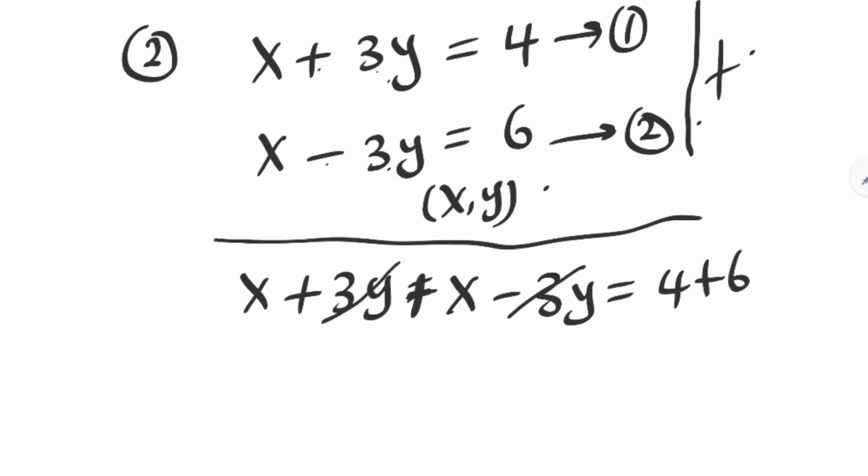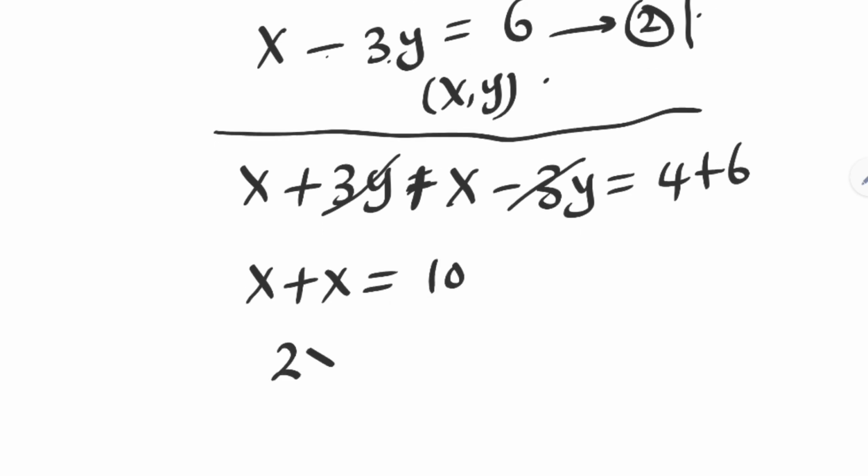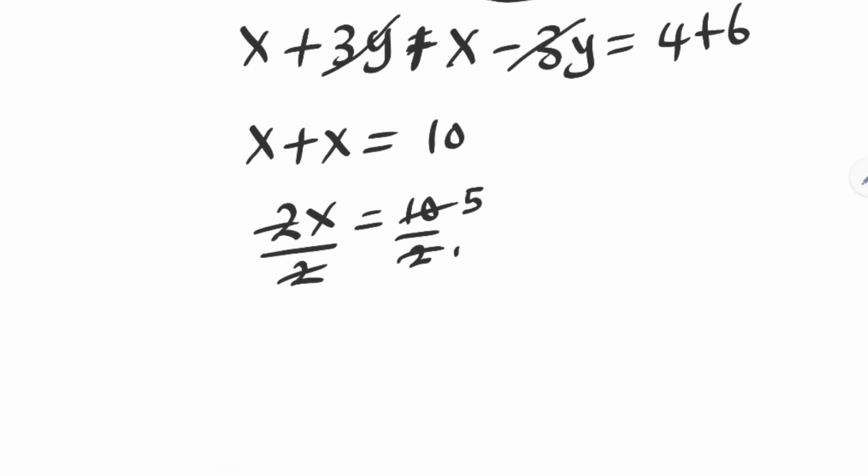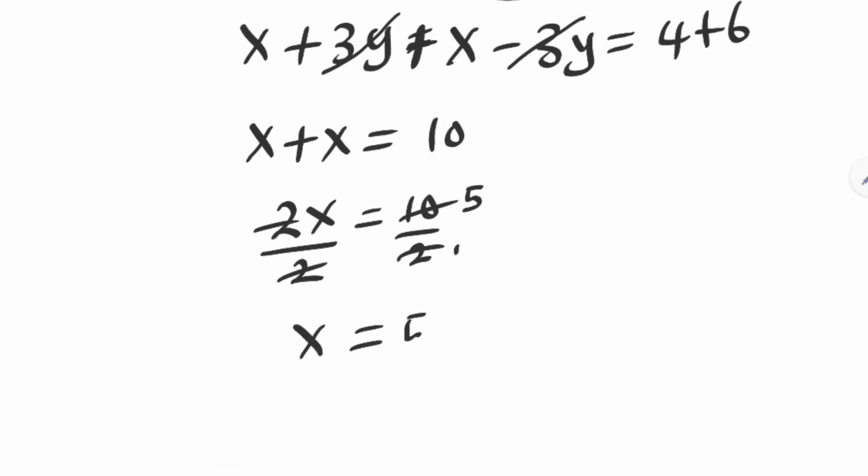This 3y cancels this 3y. x plus x is equal to 4 plus 6, that is 10. Now, 2x is equal to 10. Let's divide both sides by 2. This cancels this. x is equal to 5. We've gotten the value of x.